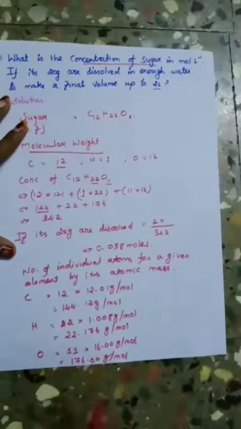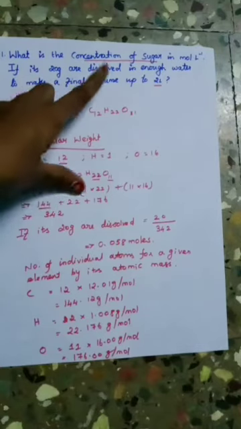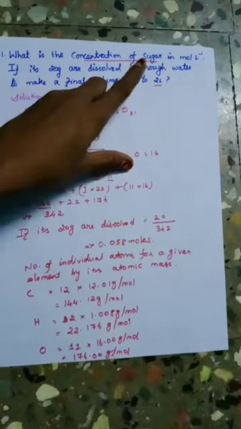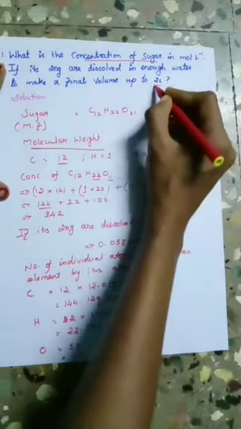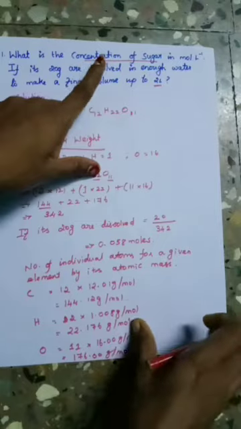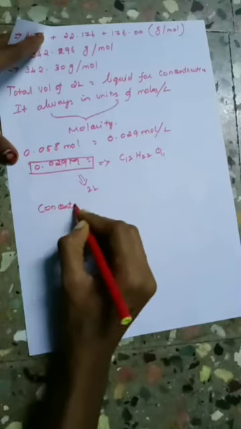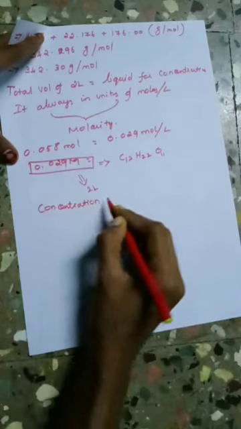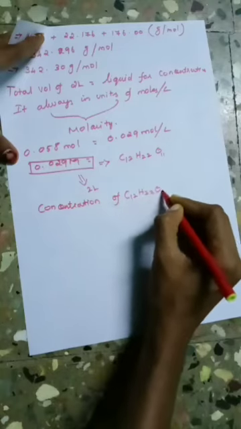So what have they asked in the question? If 20 gram is dissolved in enough water to make a final volume of 2 liter, what is the concentration of sugar in mole per liter? So the result is the concentration of sugar C12 H22 O11.